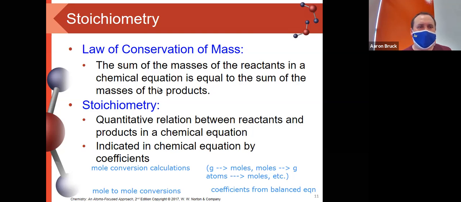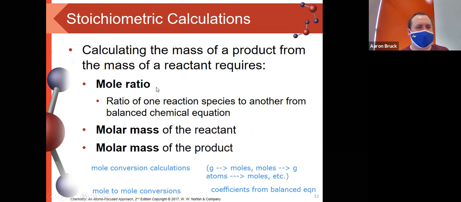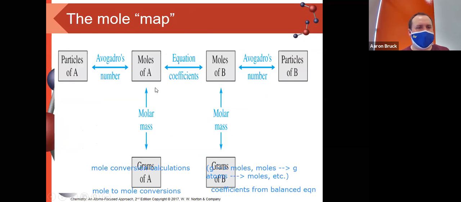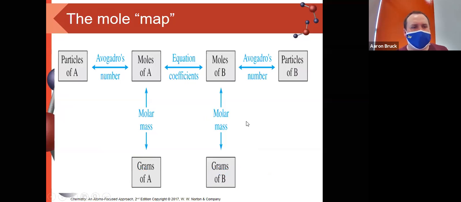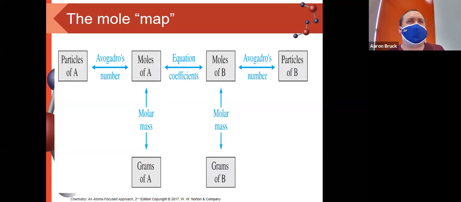Now me, I'm a picture person. And this is the picture that I put in my head to help me try to organize myself with these kinds of calculations. This is what I call the mole map. You may hear it referred to as a mole diagram or a stoichiometry diagram, flow chart.